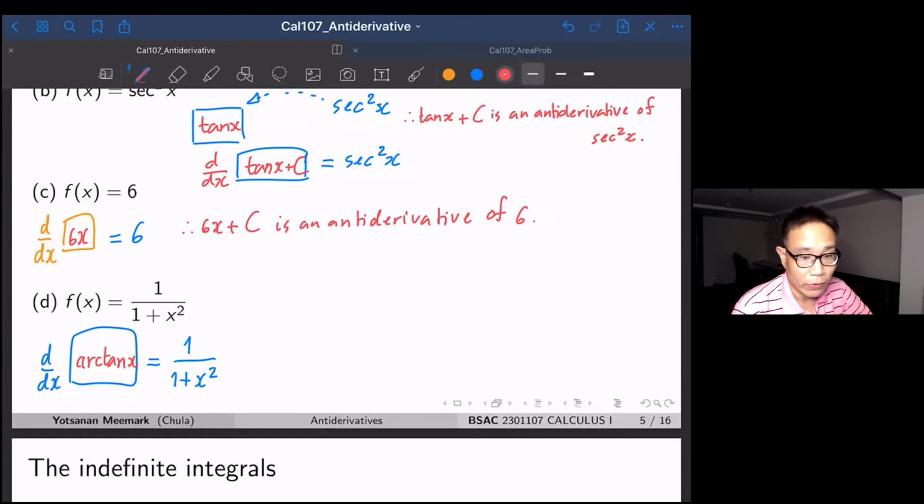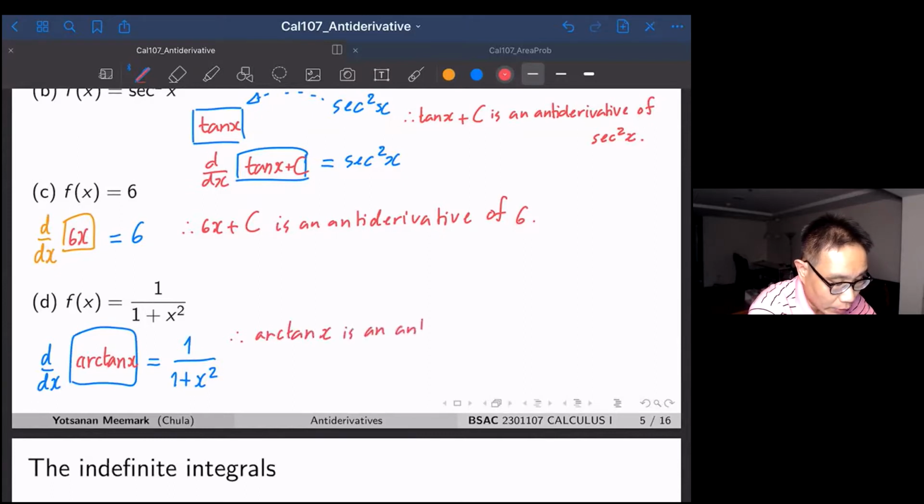So you differentiate arctan x equal to 1 over 1 plus x squared. So you're going to say that arctan x is an antiderivative of 1 over 1 plus x squared.